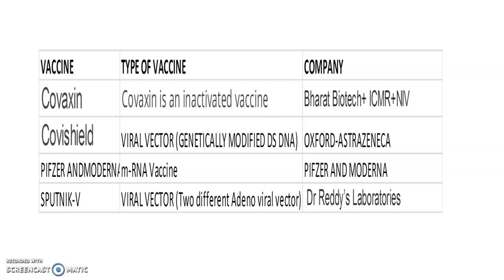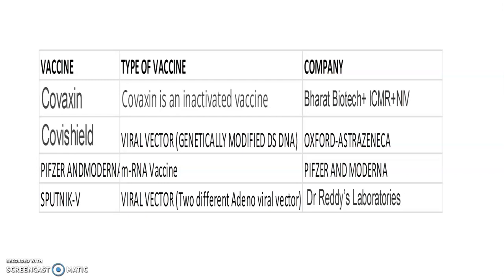And now another is Sputnik-V. Sputnik-V is a Russian vaccine. It is developed in the same way as Covishield, but here two different adenoviral vectors are used. In the case of Covishield, only one vector is used. Sputnik-V uses two different adenoviral vectors, AD26 and AD5.